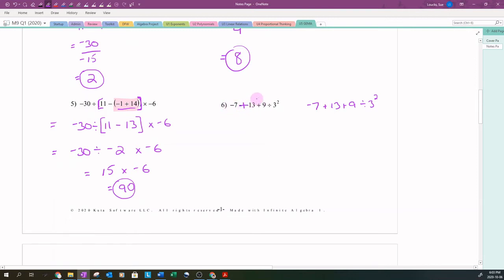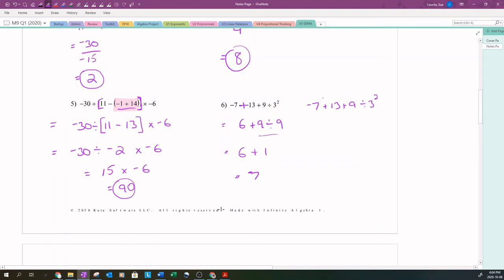So I can do negative 7 plus 13, 6 plus 9 divided by 3 squared. I can do that now. 3 squared is 9. Okay, I can't add these two because I have to do this division first. So if that confuses you, don't feel that you need to shortcut things like that, but it is something you can do if you are comfortable with it and you're getting the right answers. Okay, the next thing I'm going to do is my 9 divided by 9, so that becomes 6 plus 1, which is 7.